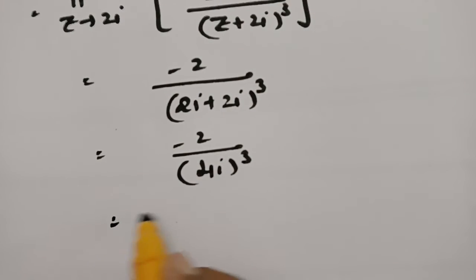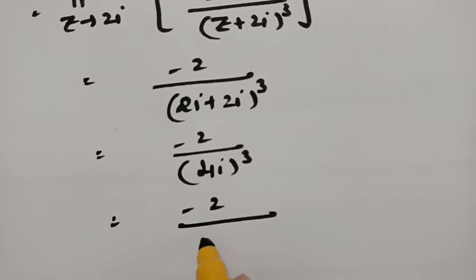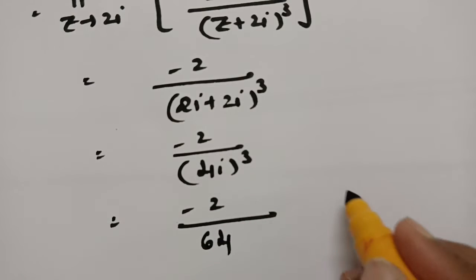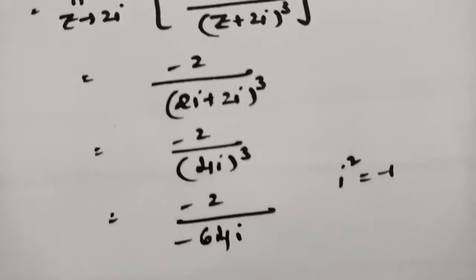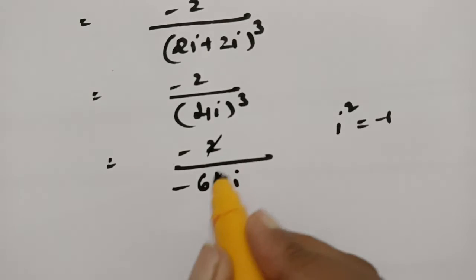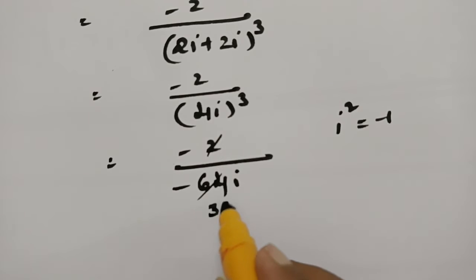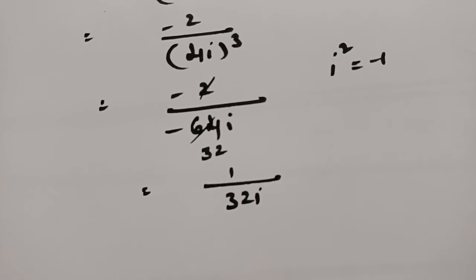So this value is nothing but minus 2 by 4 cube, which is 64, and i cube. As you know that i square value is minus 1, among these three i's, i square is minus 1 and one i remains. If I cancel this, 2 into 32, and minus minus got cancelled. So this value will be 1 by 32i.